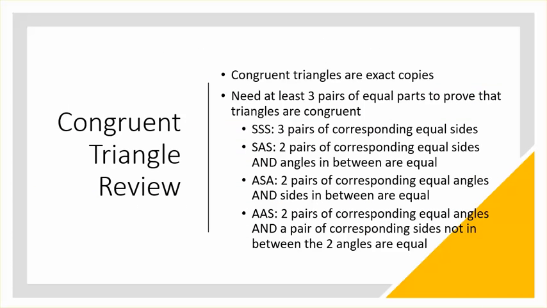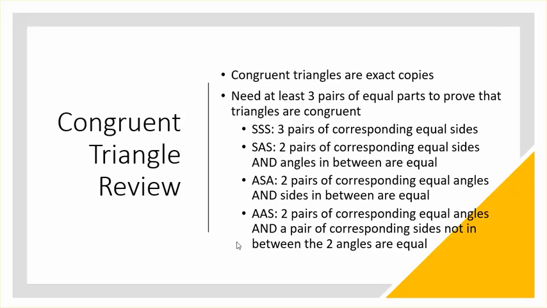Now, this particular section is about proofs with congruent triangles. So make sure you remember your information about how to show that triangles are congruent. We're going to use 4 key theorems. Triangles can be congruent by side, side, side, side, angle, side, angle, or angle, angle, side.